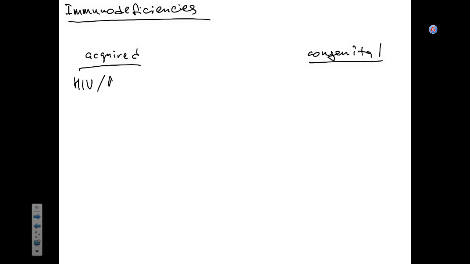Now, a word of warning: remember that HIV is the name of the virus. AIDS is the name of the disease that this virus causes, or may cause, if not treated. T cells, CD4 cells, are gone, that's AIDS. Okay. Any other examples?